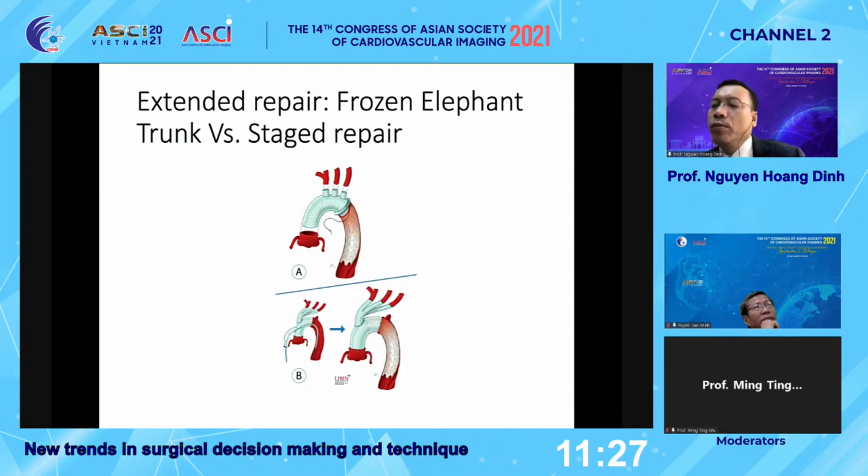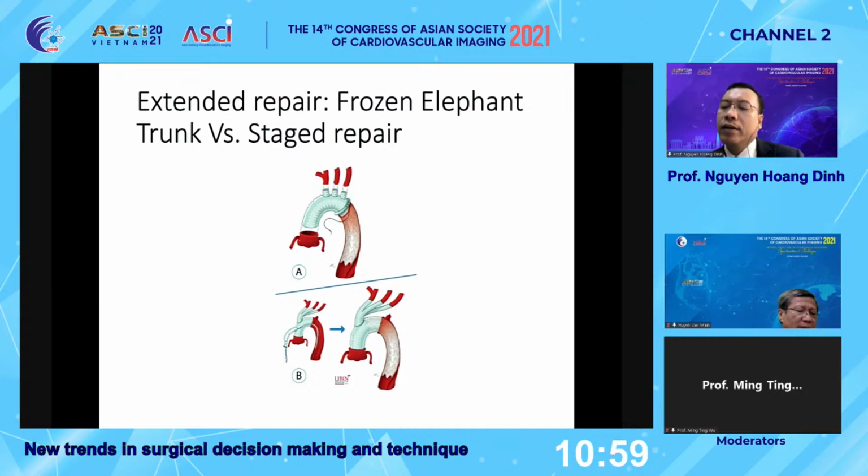Therefore, the optimal technique for stent graft deployment needs to be determined. During this hybrid arch procedure, after surgical arch replacement with the Dacron graft, the stent graft can be inserted in one of two ways, as you can see in the picture. In picture A, the stent graft is deployed through the open arch during circulatory arrest.